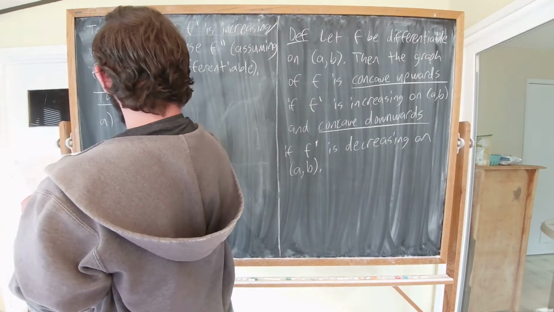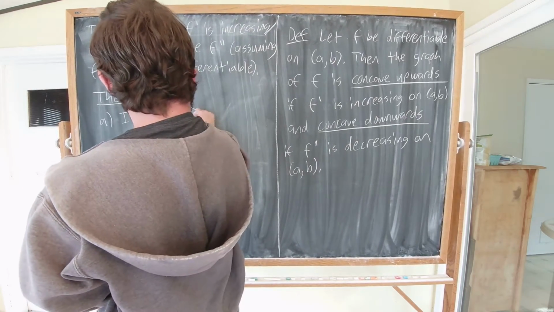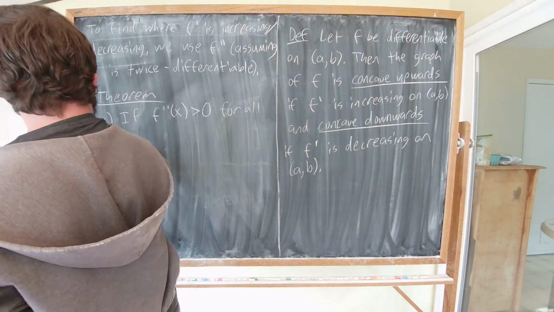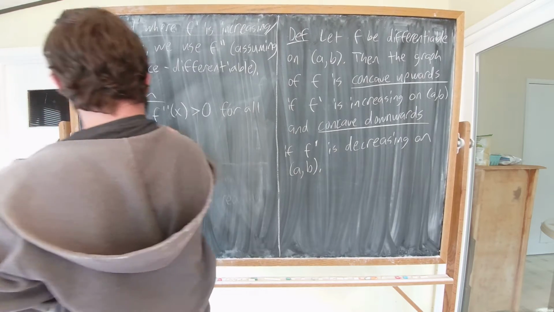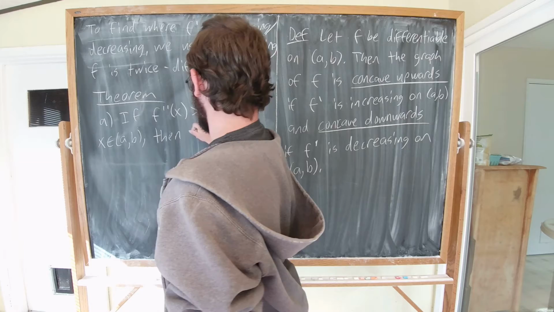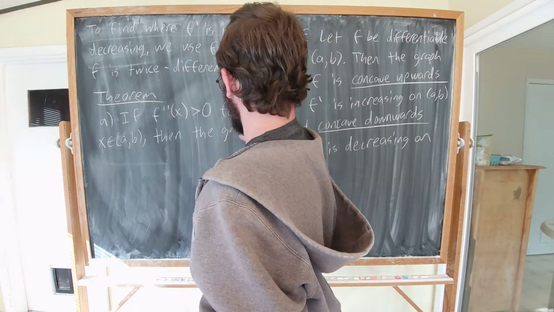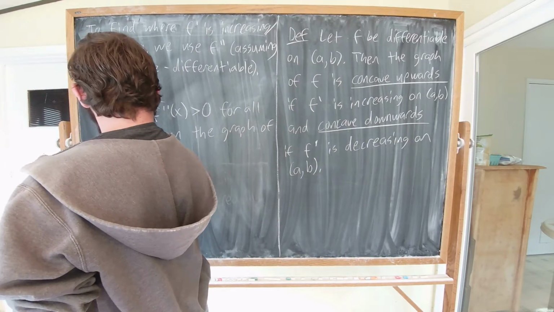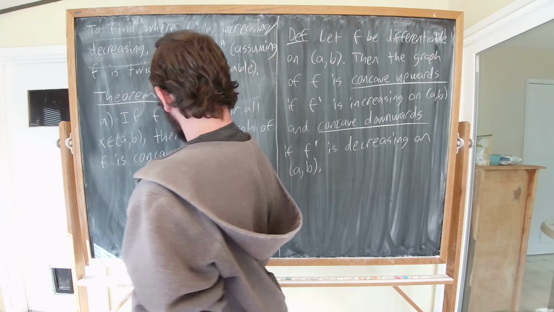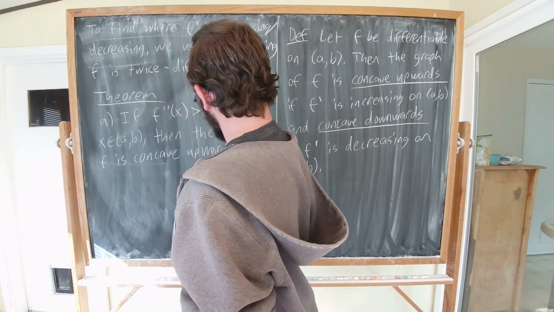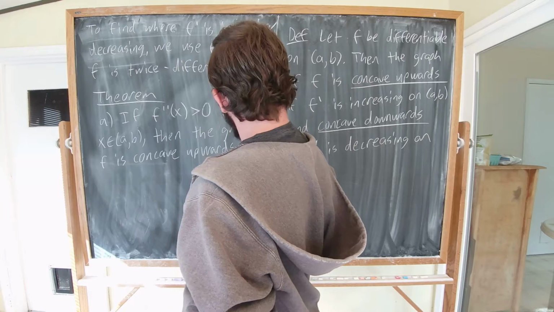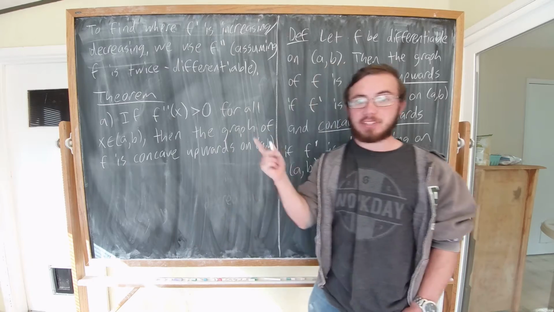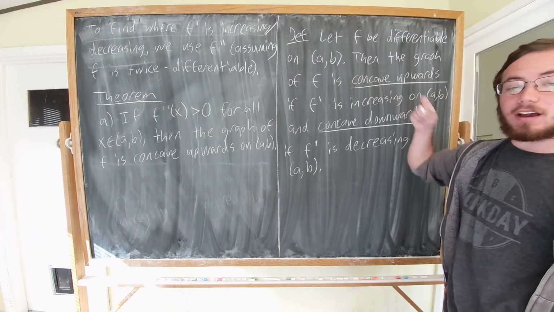If f double prime of x is greater than 0 for all x in a to b, then the graph of f is concave upwards on a to b. Makes sense, right? f double prime of x greater than 0 means f prime is increasing, which is the definition of concave upwards.